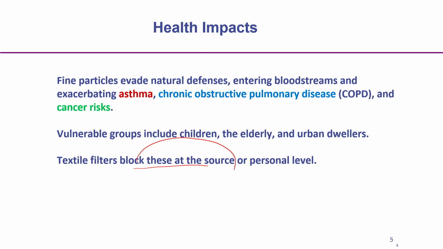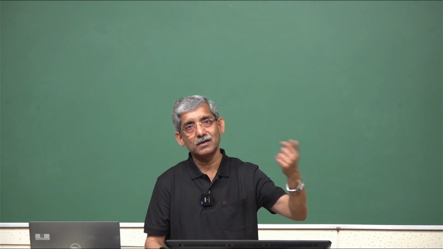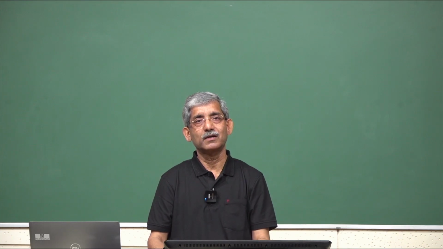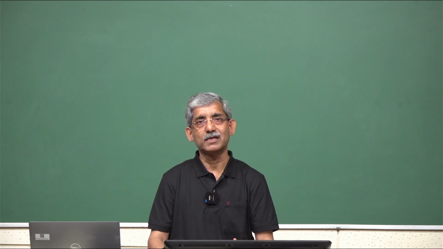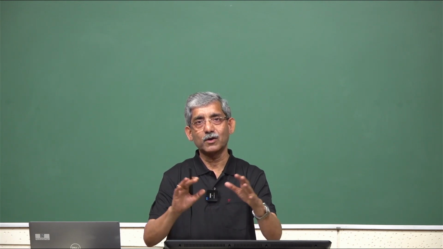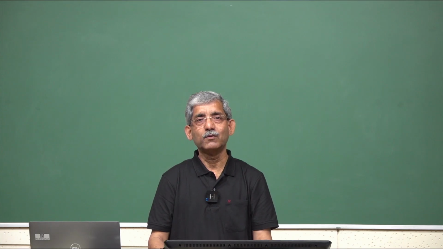If pollutants still come into the air as PM 2.5 and PM 10, then we can act at the personal level. Personal level means we can use a filter in the car, a filter in the air purifier at home, or in the extreme case, if even after all these things it is not possible, then we can use the face mask.